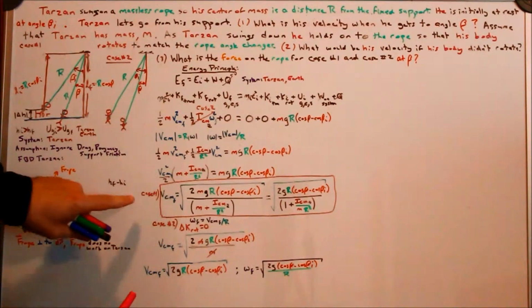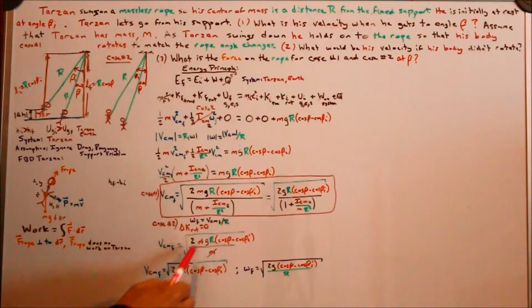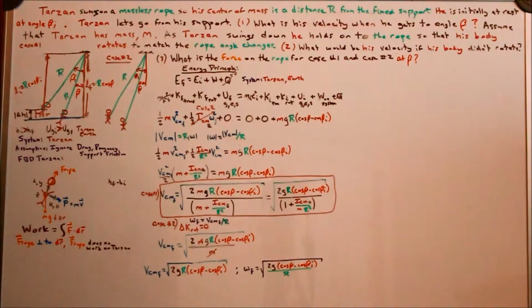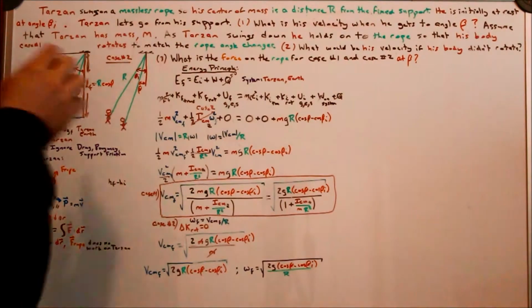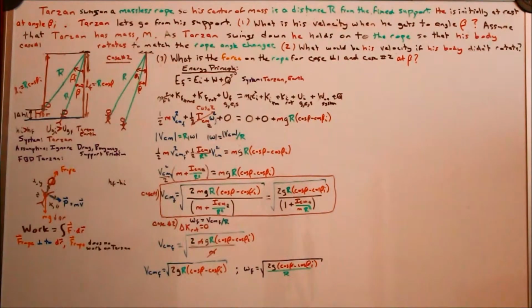So for case 1, the velocity of the center of mass would actually be less than for case 2. These are my two solutions for the velocity of the center of mass. Now, if you didn't get that right, think about it, and we can pause and solve for case 3.